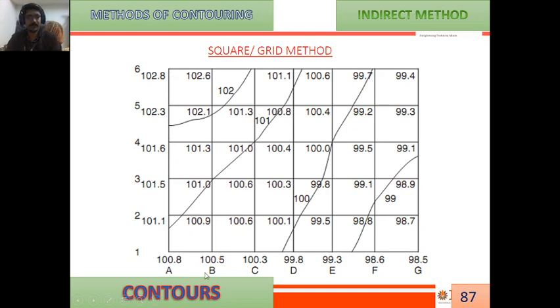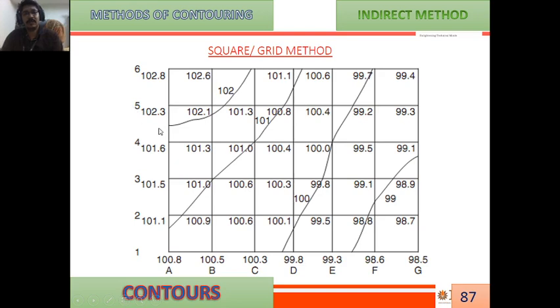So the notation can be adopted. This is A1, A2, A3, A4. Similarly B1, B2. So on each point the leveling staff was held and the RL of each point was determined.